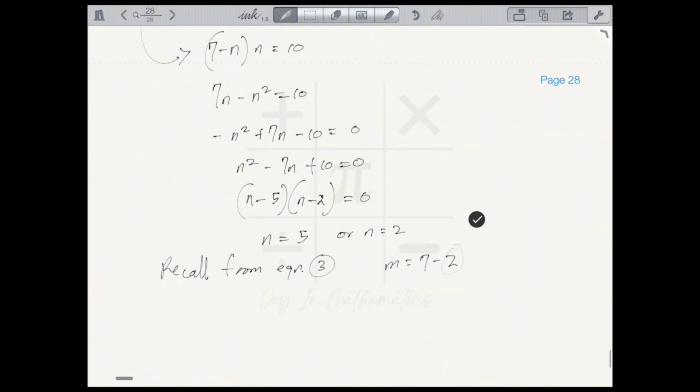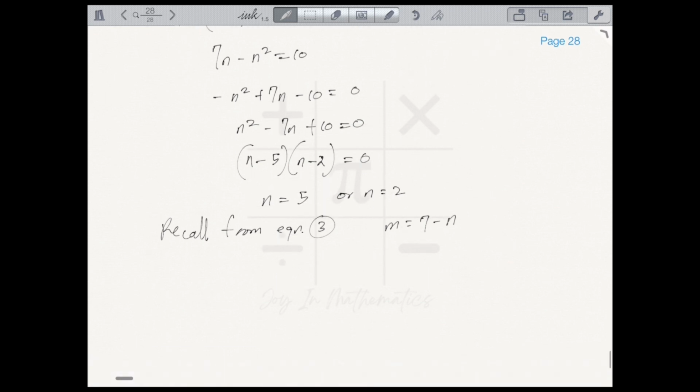So if n is equal to 5, our m is equal to 7 minus 5, which is equal to 2, and if n is equal to 2, our m is equal to 7 minus 2, which is equal to 5.